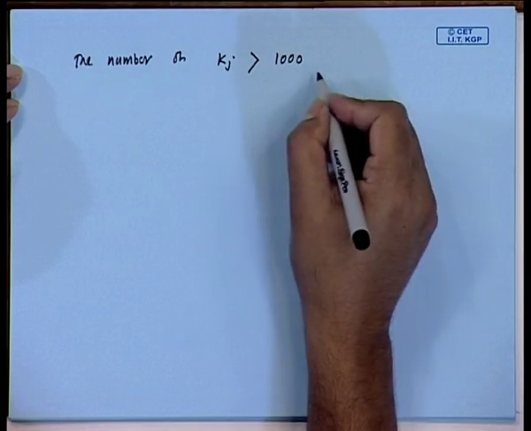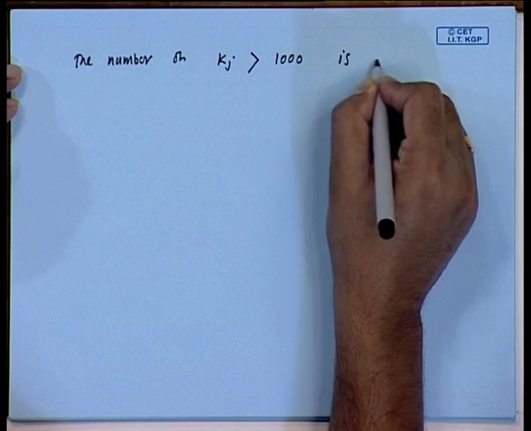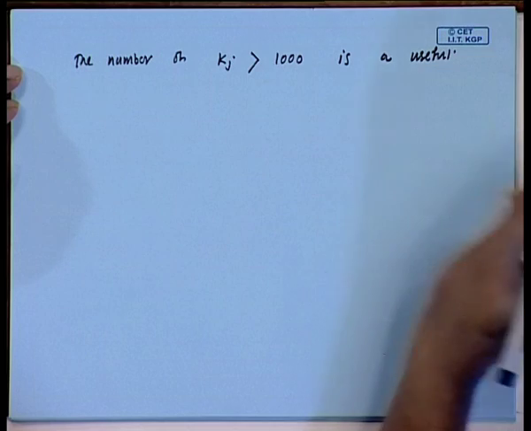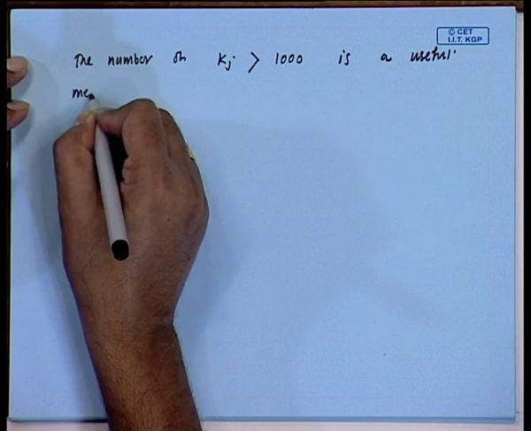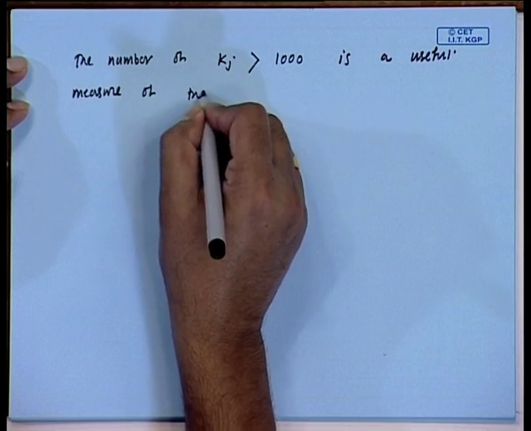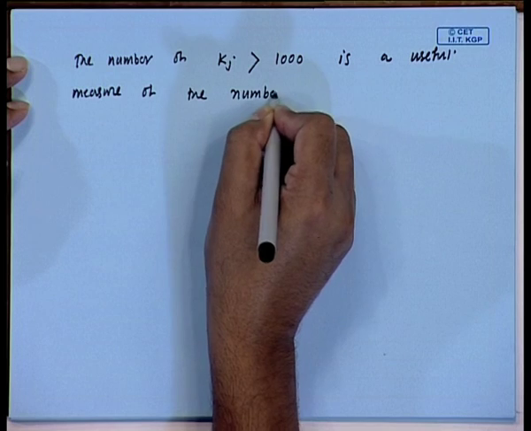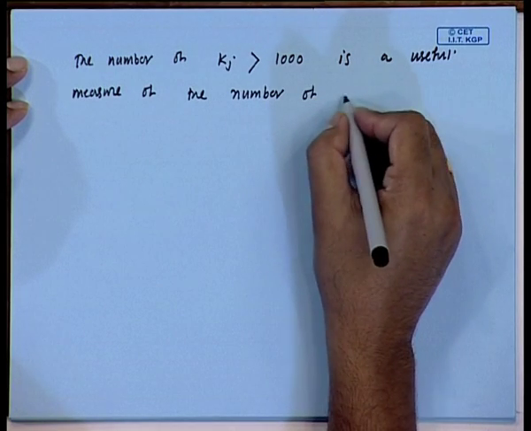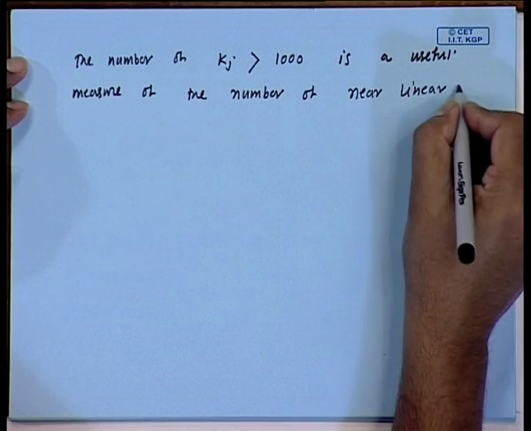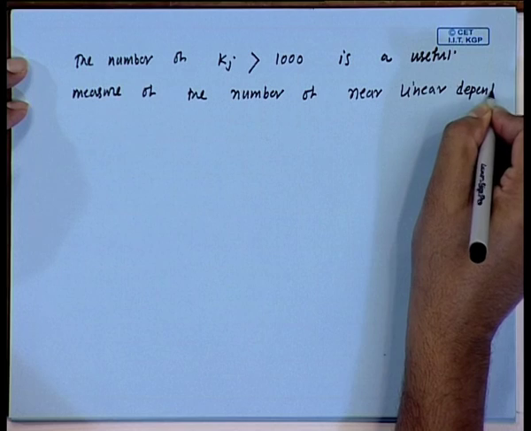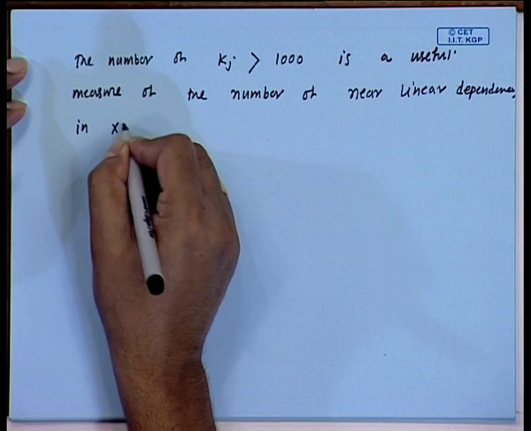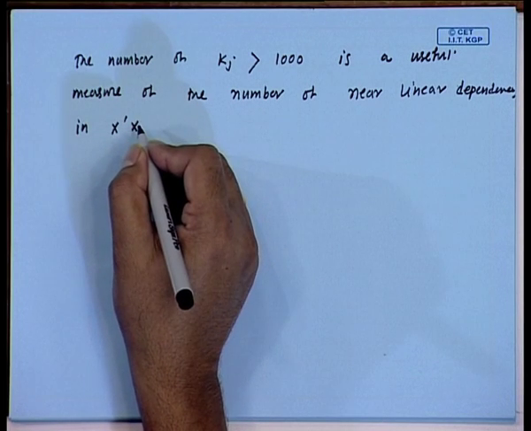Now, the number of k_j greater than 1000 is a useful measure of the number of near linear dependencies in X prime X.